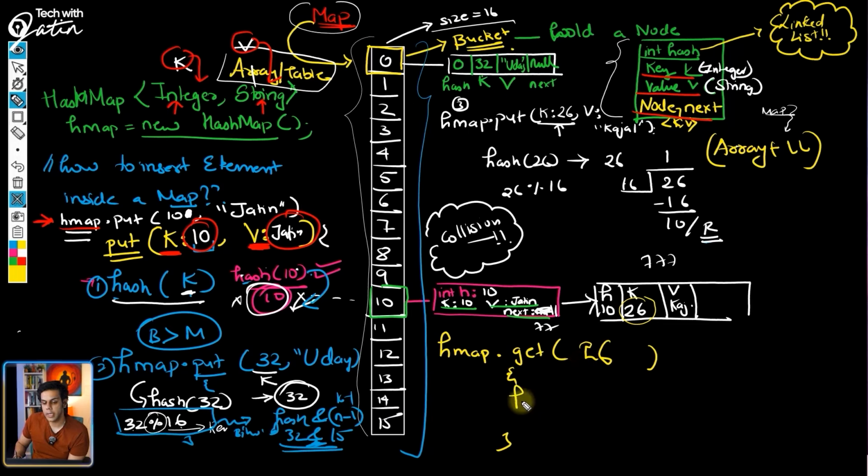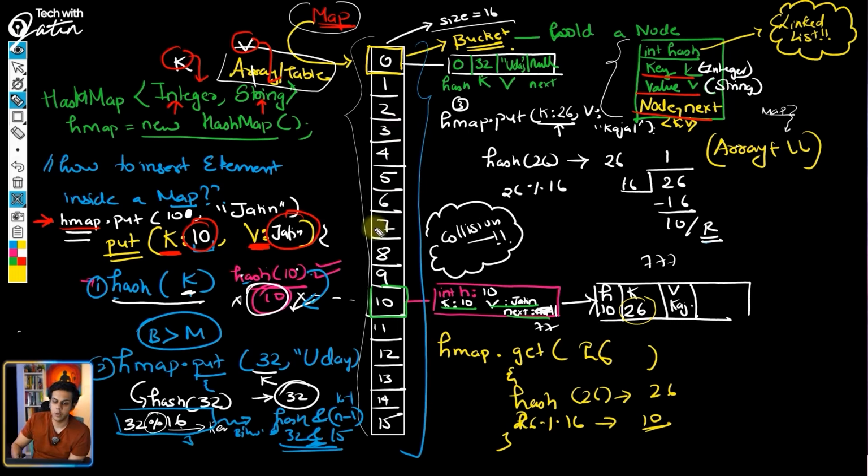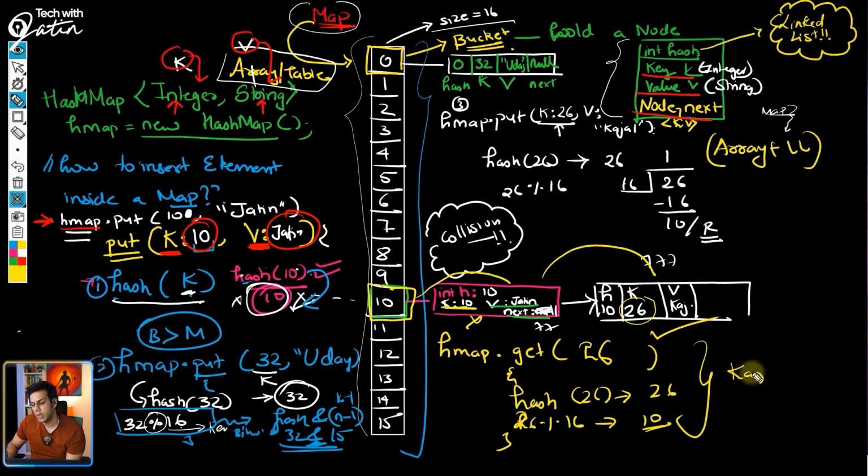The first thing is it's going to calculate the hash of 26, which is 26 itself. Then 26 modulus 16 will happen, and it gives me the answer 10. It knows that it has to go to bucket number 10, and from here it is going to do a quick traversal and check whether the key is 26 or not. Not this one, so it's going to go to the next one, take the value Kajal, and Kajal will be returned to the user.